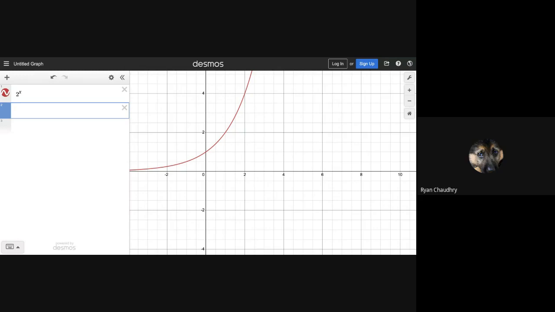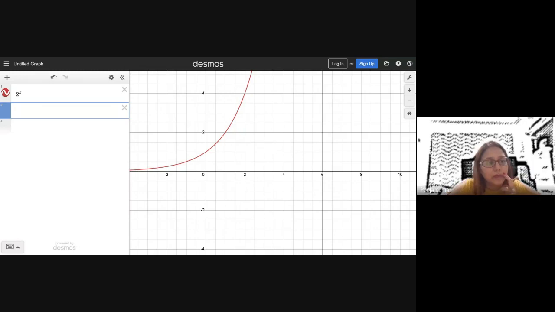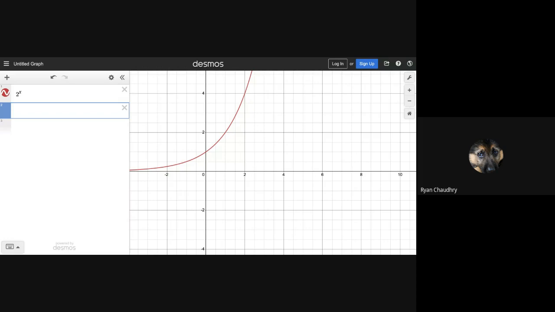Write 2 raised to power x plus 3 plus 1. What do you see? The y-intercept increases by 1.